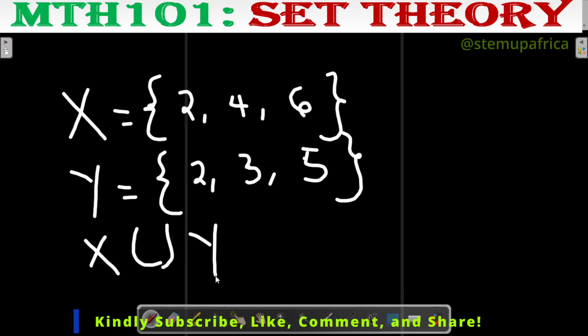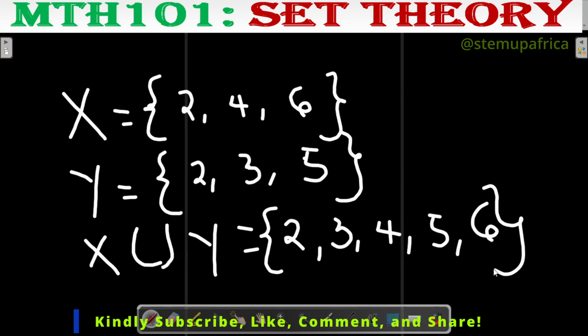Exactly. Although we have 2 in X and 2 in Y, we just pick one. So the answer will be 2, 3, 4, 5, and 6. So that's X union Y.